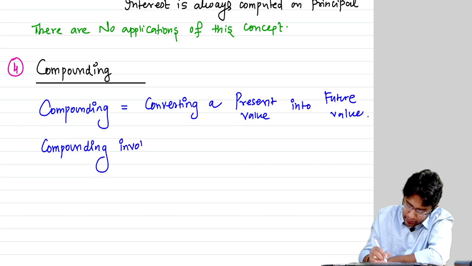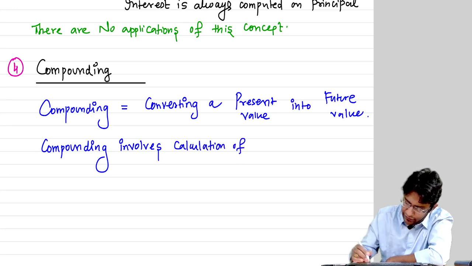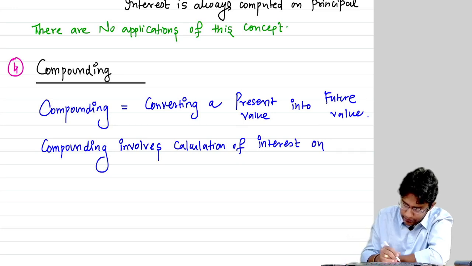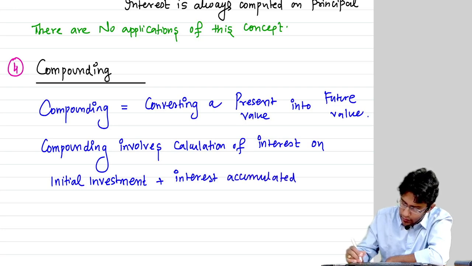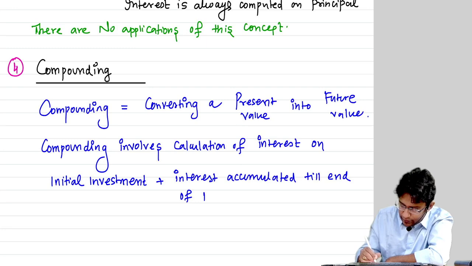Now, the most important aspect of compounding is: compounding involves calculation of interest on initial investment plus interest accumulated till the end of the previous period.